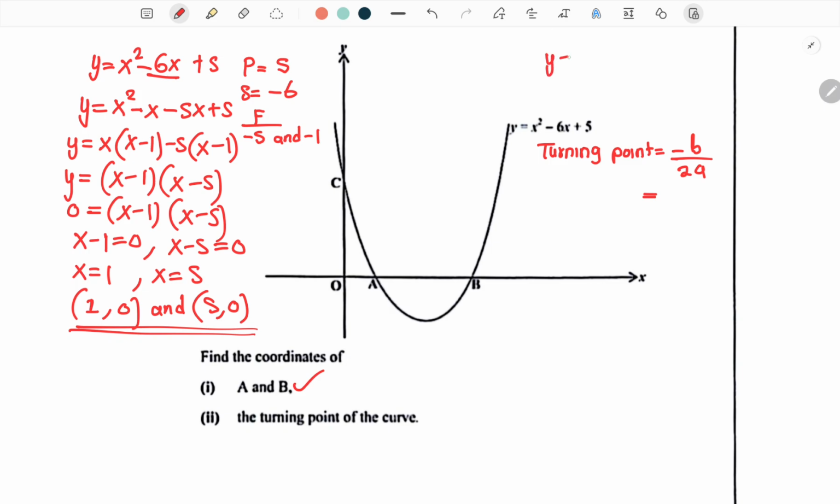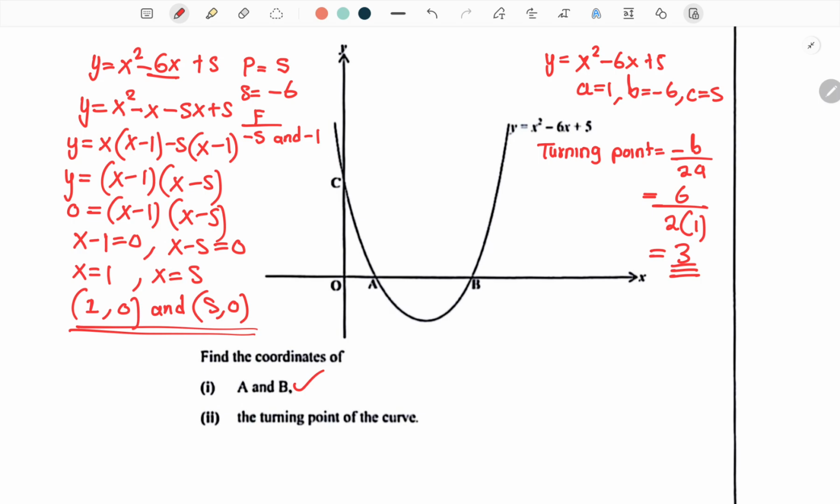The equation was y is equal to x to the power 2 minus 6x plus 5. So our a is 1, our b is negative 6, our c is positive 5. Because our b is negative 6, we're going to put positive 6 there over 2, then 1. And of course, we are going to get our 3.